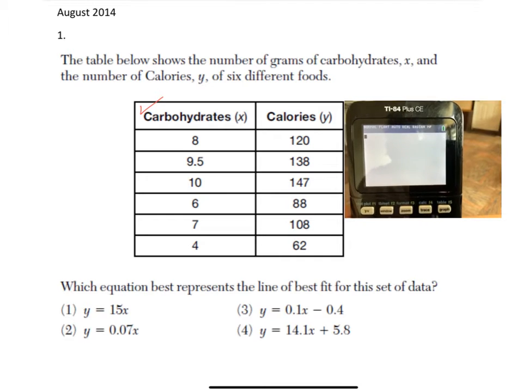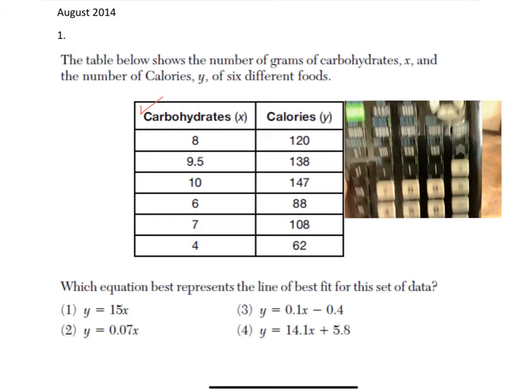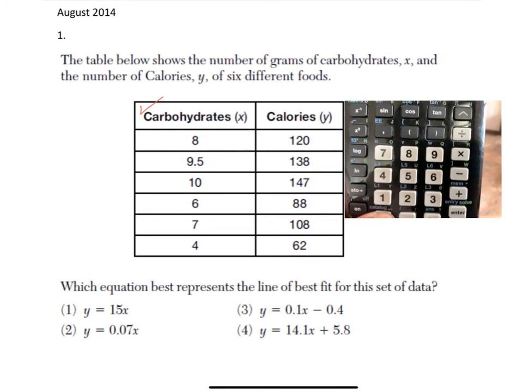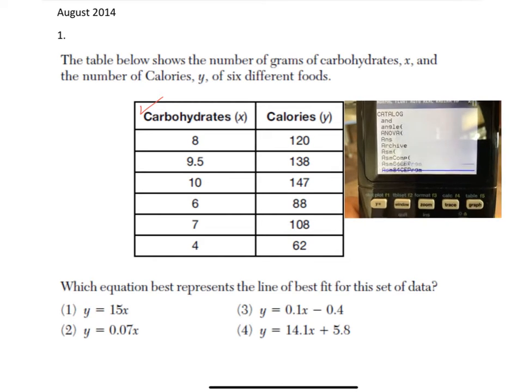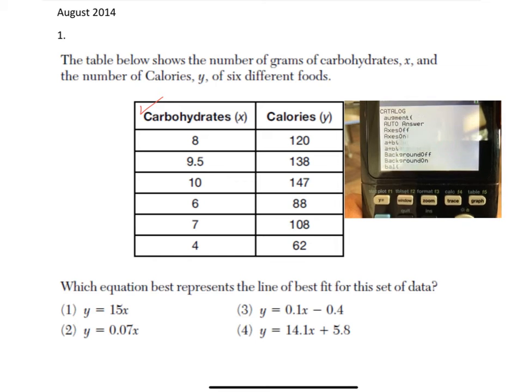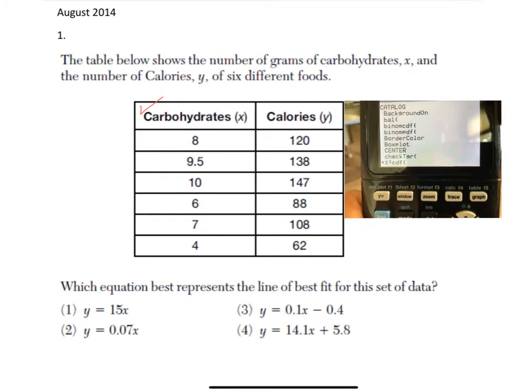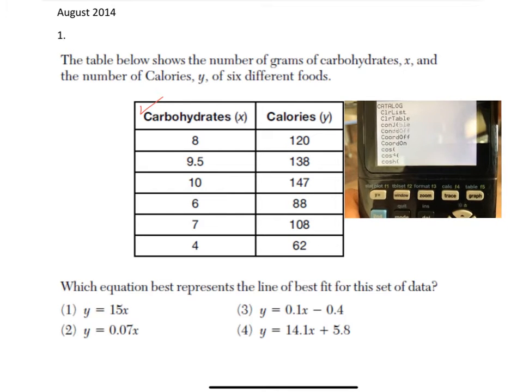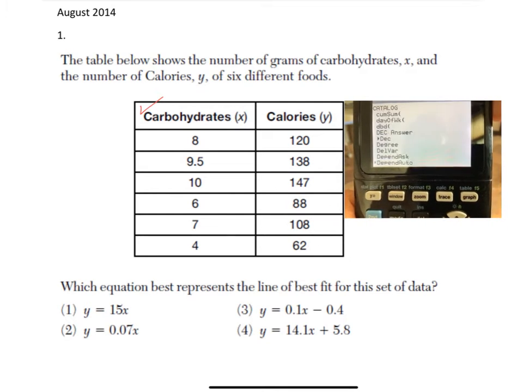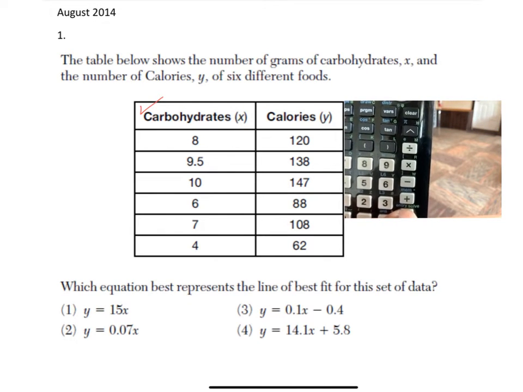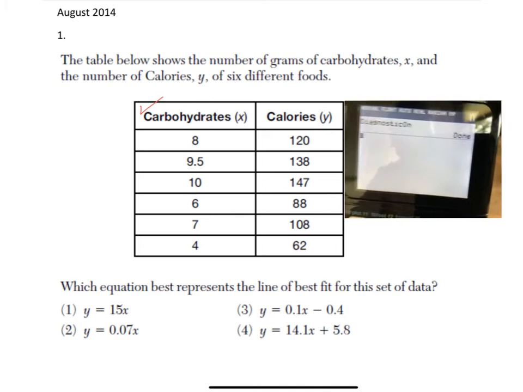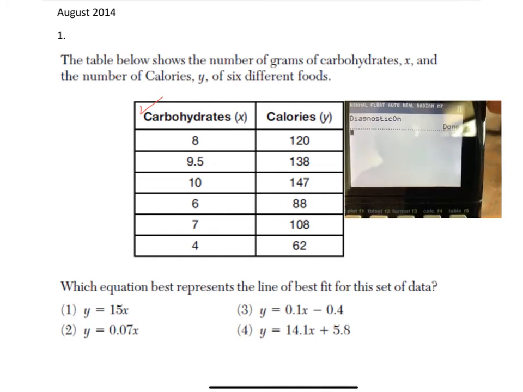The first thing we'll do is go to second, and down here there's a catalog, and then we'll select diagnostic on. We scroll down to diagnostic on. There we are. We hit enter, and then you'll see this on your screen, done.